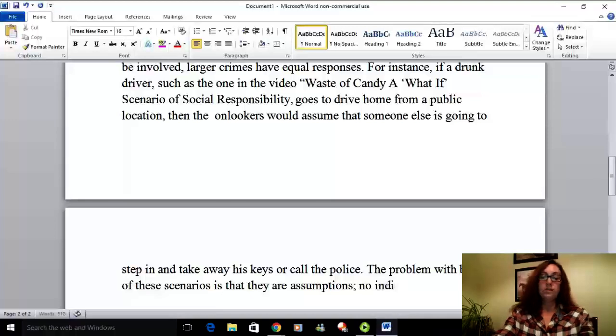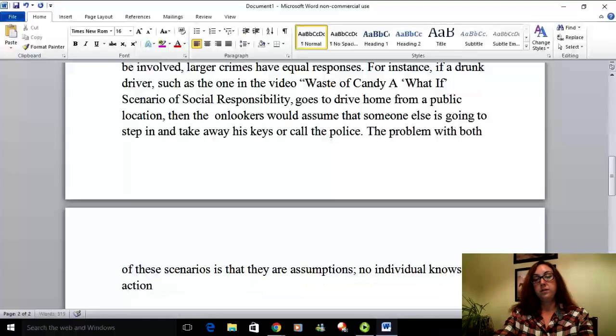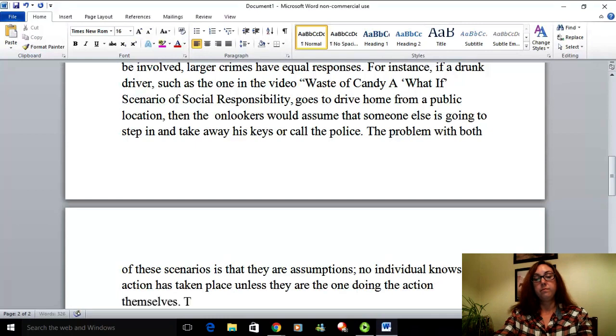No individual knows if action has taken place unless they are the one doing the action themselves. Really important to make the opposite assumption.